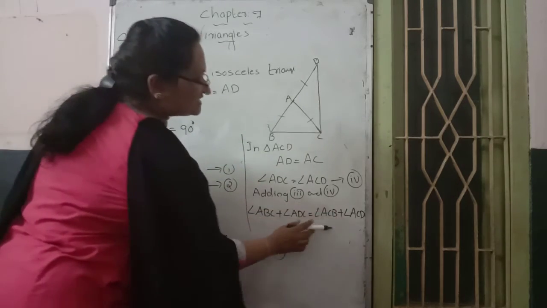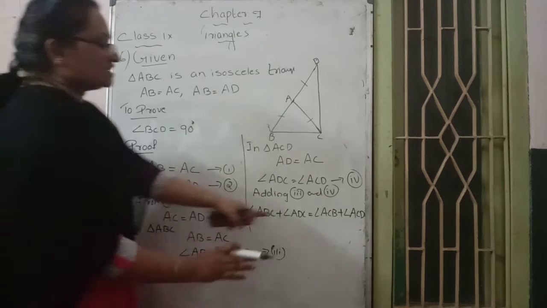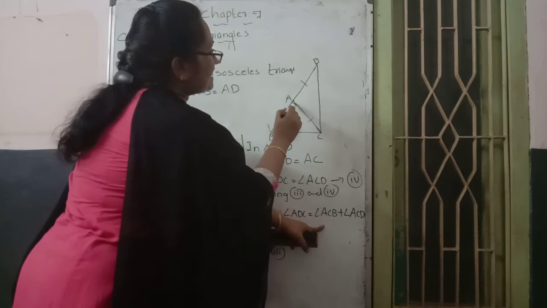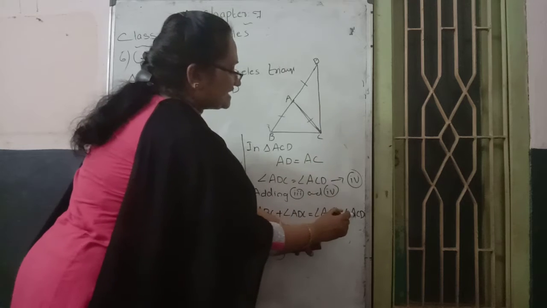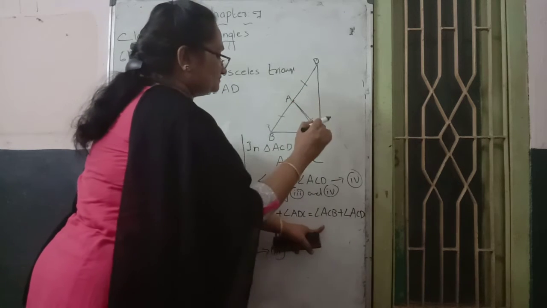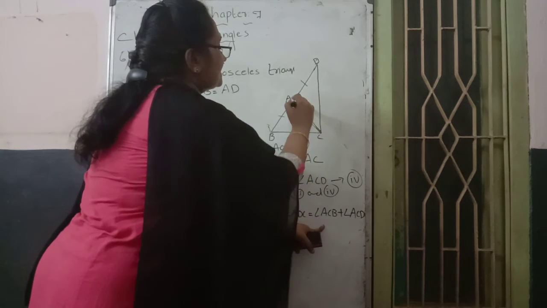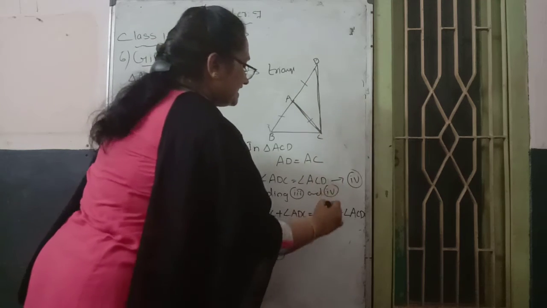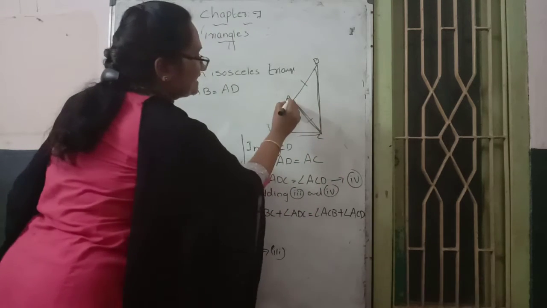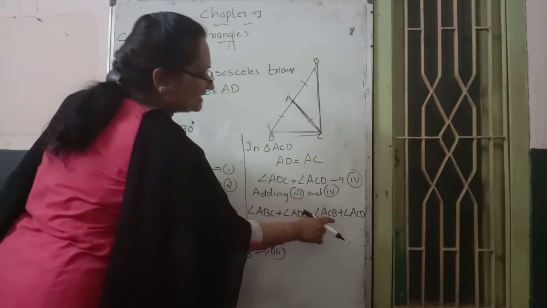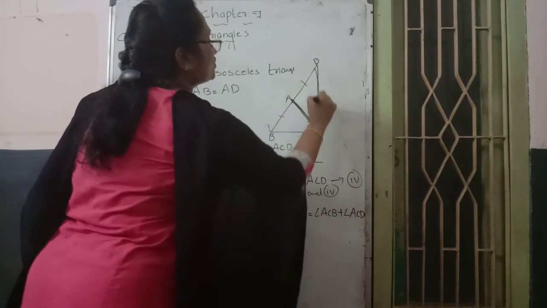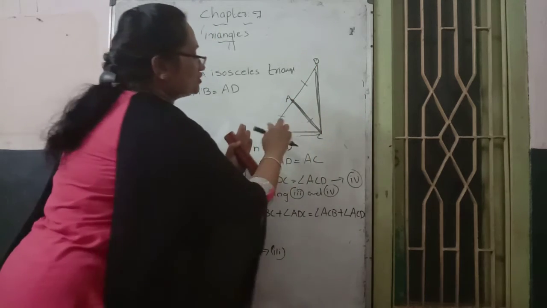Then look at the right side of that new equation: angle ACB and angle ACD. These two angles, when added, meaning joined together, form which angle?